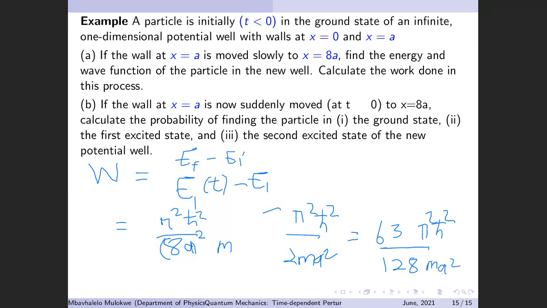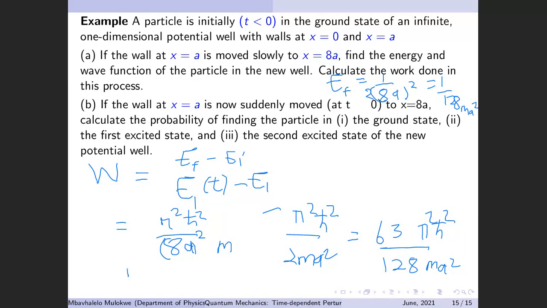The wall is moved. The work should be negative. I just took the final expression for E final, which is going like 1 over 8a squared. So this gave me over 128 m a squared. Right?